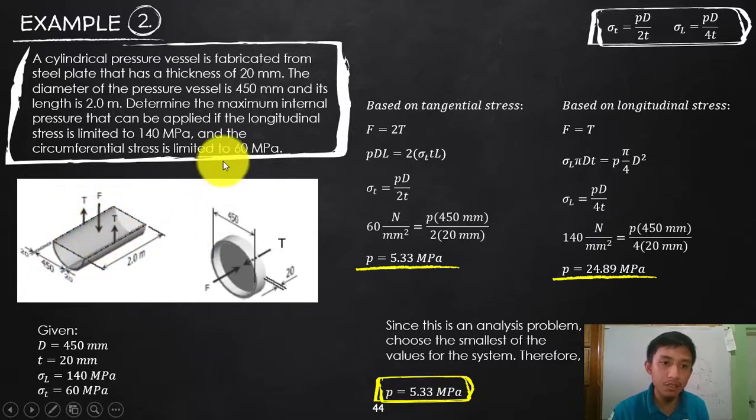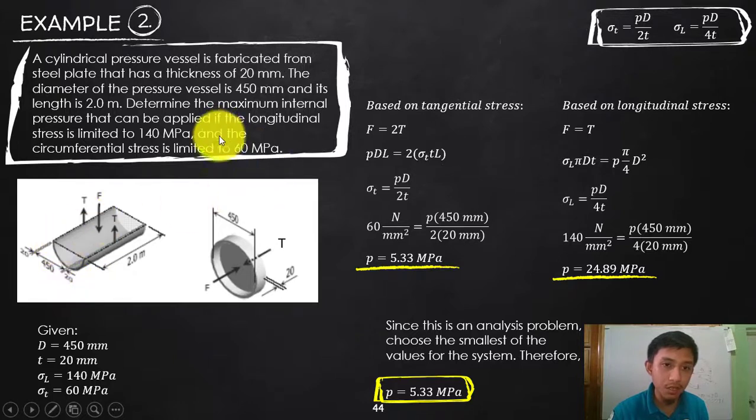Maybe because that is steel plate, the strength of the steel is reduced in the circumferential direction, maybe due to bending. Originally, if that is not bended, then the strength in any direction of tensile stress will be the same. But since that is bended, maybe the strength will be reduced.